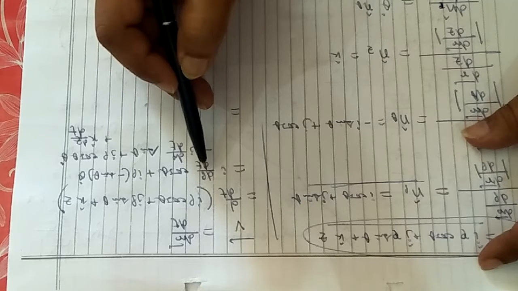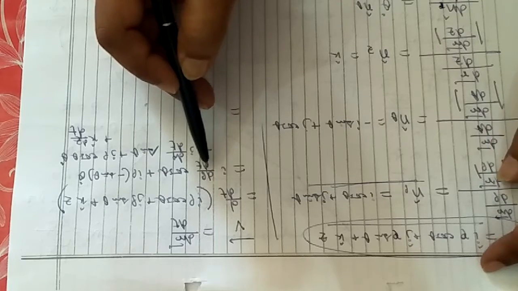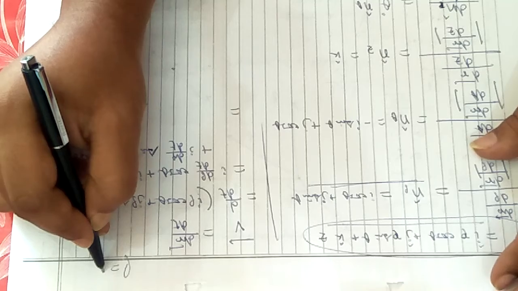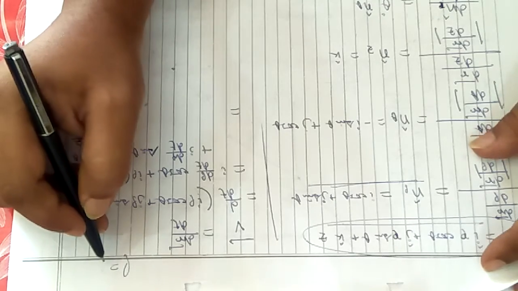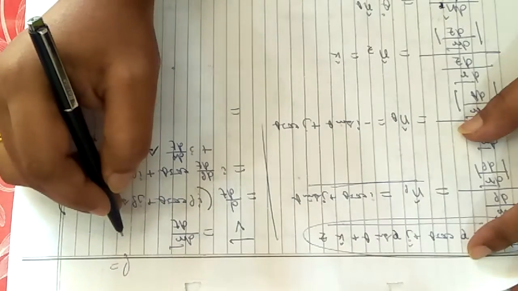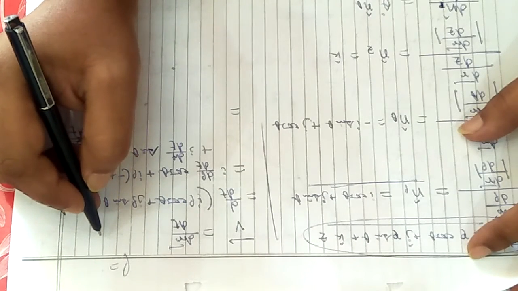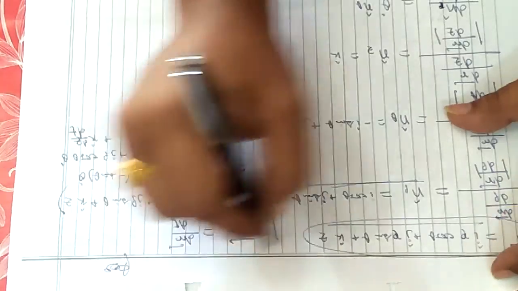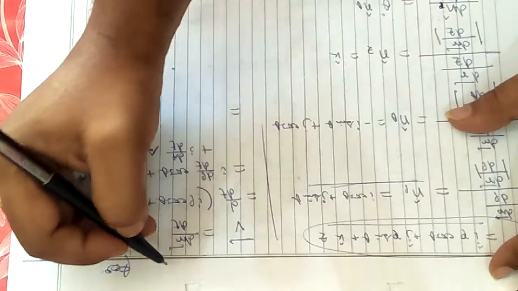Again you can put now the value of d rho dt, and d rho dt you can easily calculate. You know the value of rho. Probably you forgot, I'm making you remember.